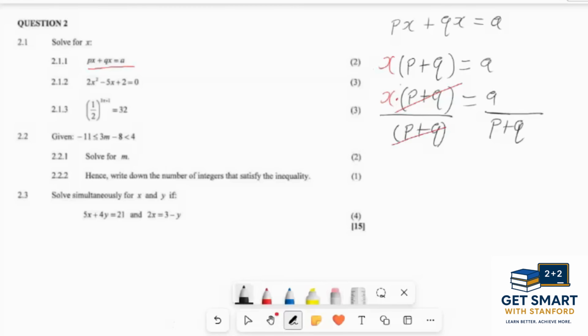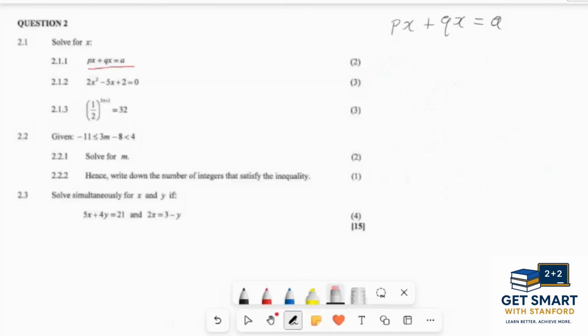On the left hand side, we are left with our x, and on the right hand side, we've got a over p plus q. This is very correct, and we've managed to leave x alone on one side of the equation. So in this case, we have solved, and they say it's 2 marks, as you can see on that question.